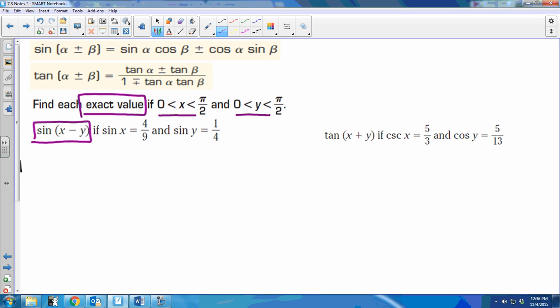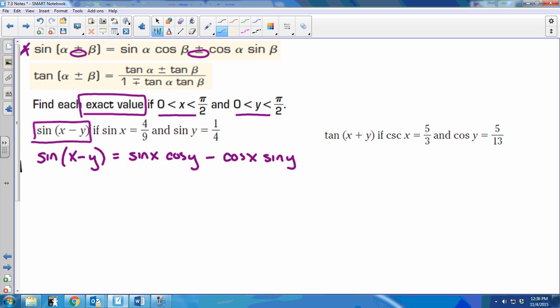Okay? So if I'm going to find the difference between X and Y, that means I have to use this identity up here. If we're subtracting, that means we follow the symbols in the bottom. So I need sine of X minus Y, and that'll equal sine of X times cosine of Y minus cosine of X sine of Y. That's what that formula said.